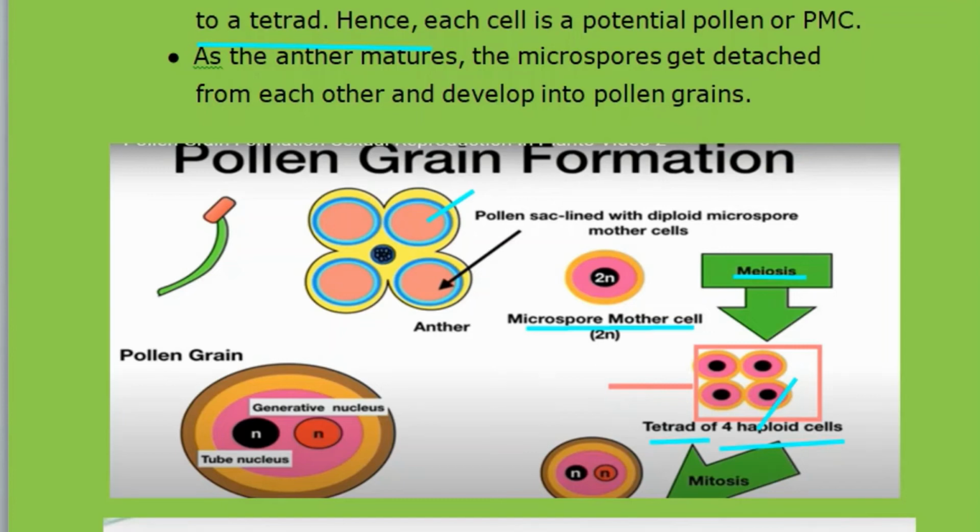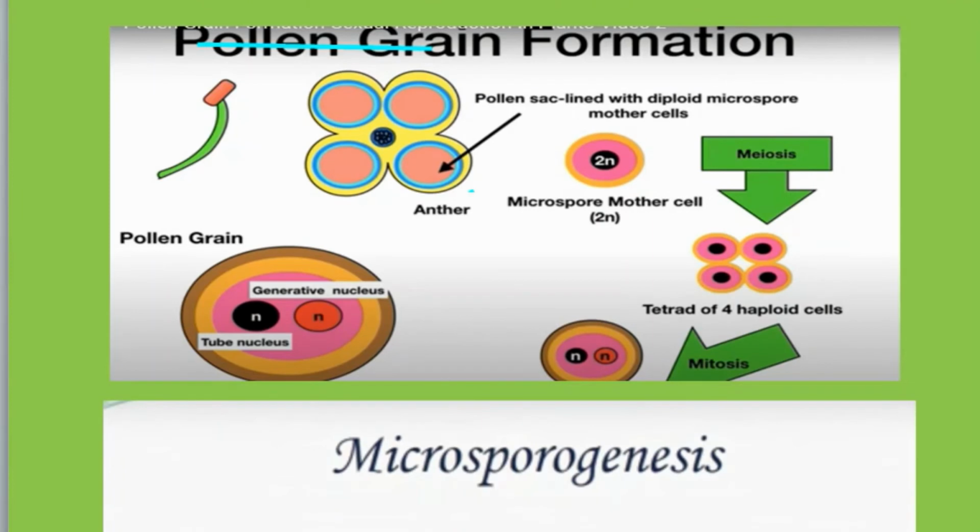This process is microsporogenesis, the formation of microspores. Pollen grain means microspore. Later, all four microspores get detached from each other, and individually they are known as pollen grains. So after one meiosis, there is production of four pollen grains.